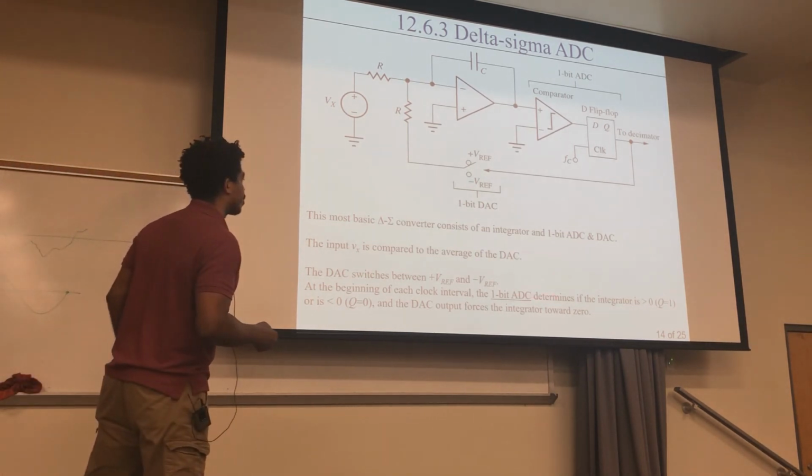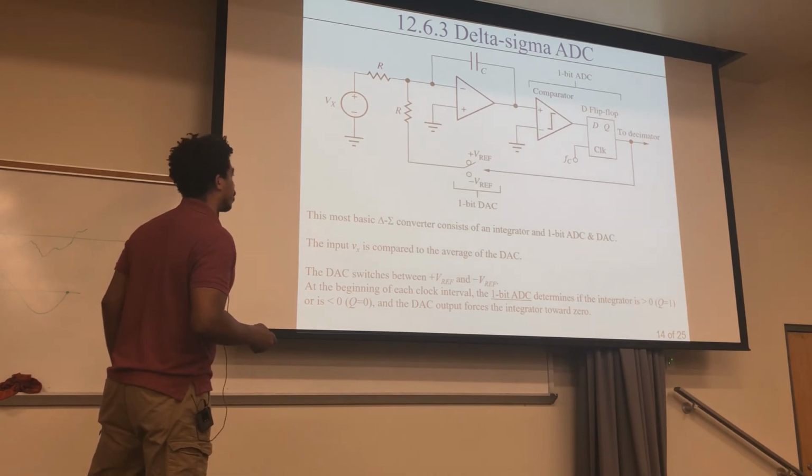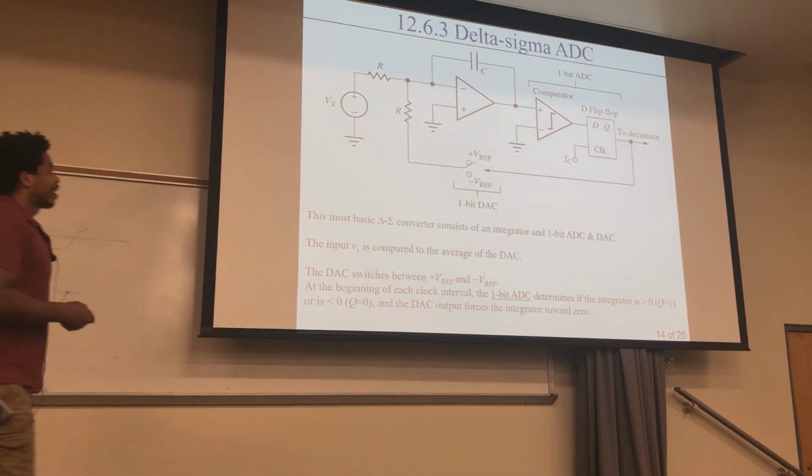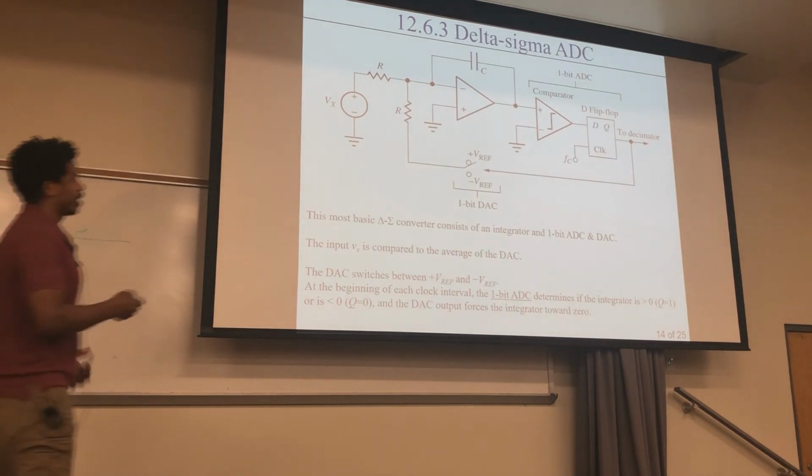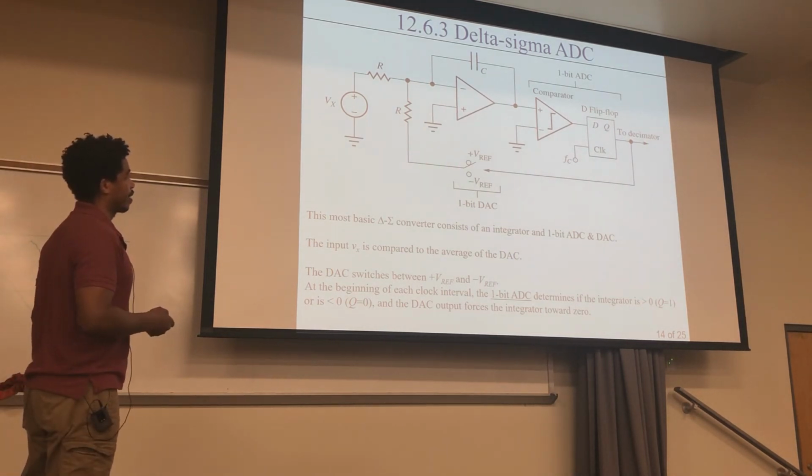So I already mentioned this right here about the 1-bit DAC. The purpose of this is always trying to correct this toward a 0 delta, a 0 difference. It never really gets there, but on average it does, right?